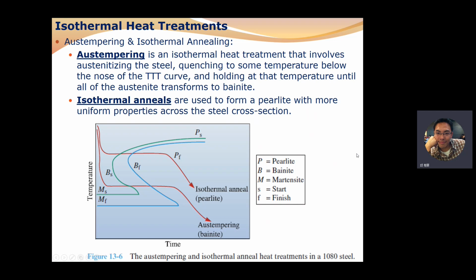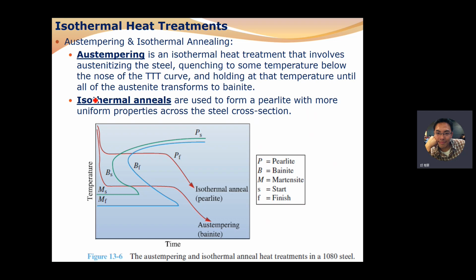So let's look at this TTT diagram for these two isothermal treatments, austempering and annealing. If we want to get the bainite structure, austempering should dominate this isothermal heat treatment.